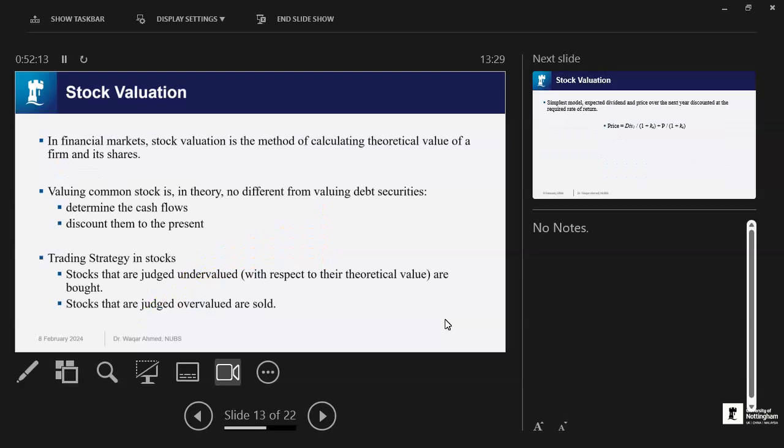Right. Okay. So in financial markets, stock valuation is the method of calculating the theoretical value of the firm. And by firm, you can translate the value of the firm on a per share basis, which we call the stock price or the value. So you can use these valuation methods to determine the value of a stock.